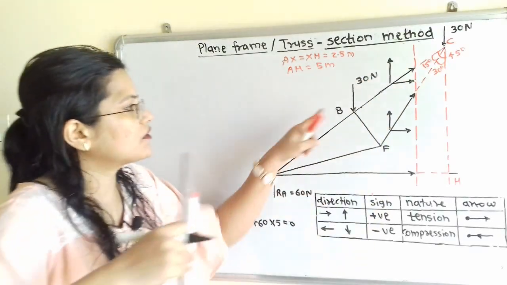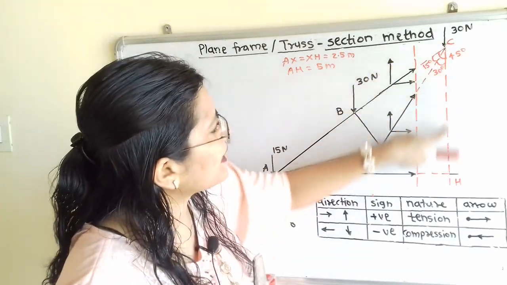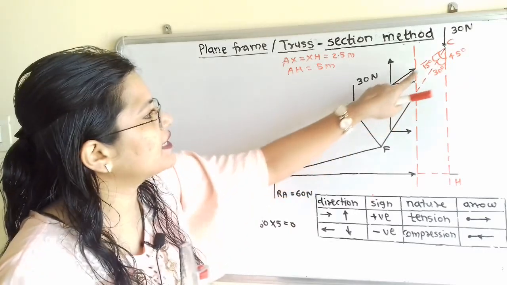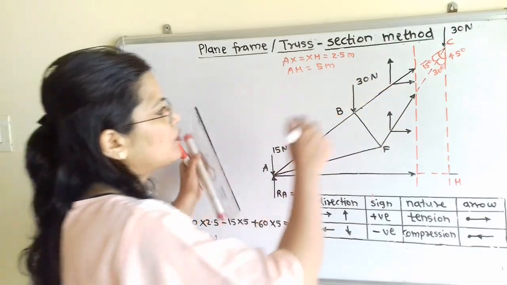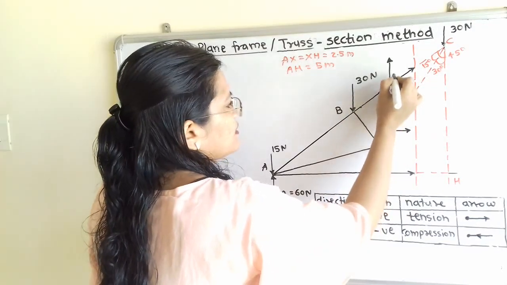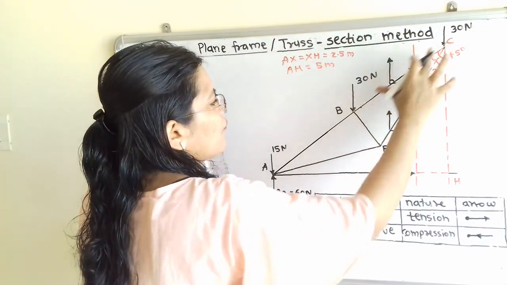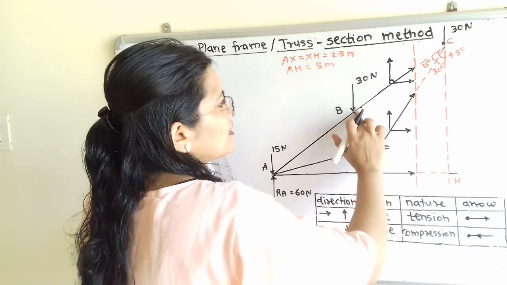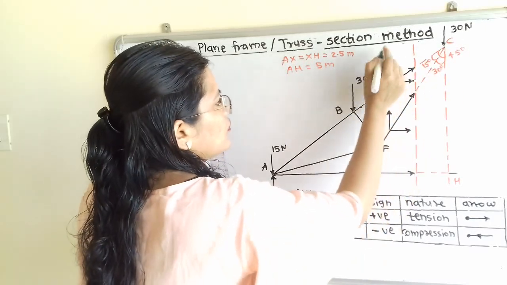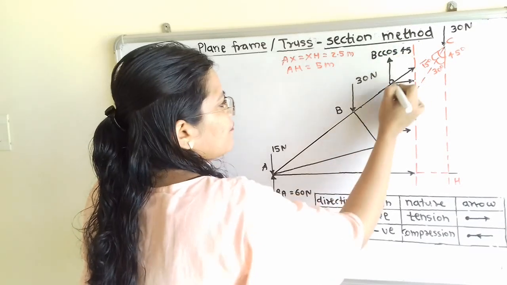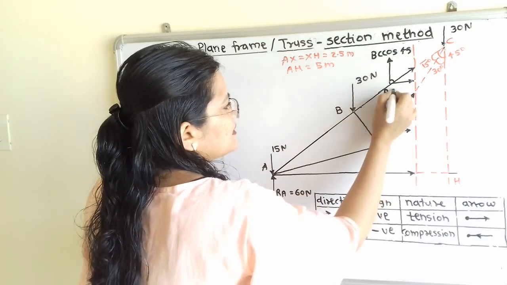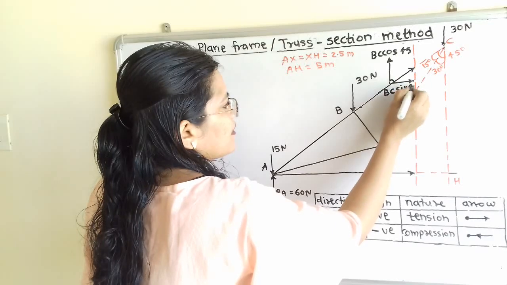Now this member BC is making an angle of 45 degree with the vertical line. That means with the vertical component it is making the same angle, 45 degree. So this component is BC cos of 45, and for the horizontal component, BC sin of 45.